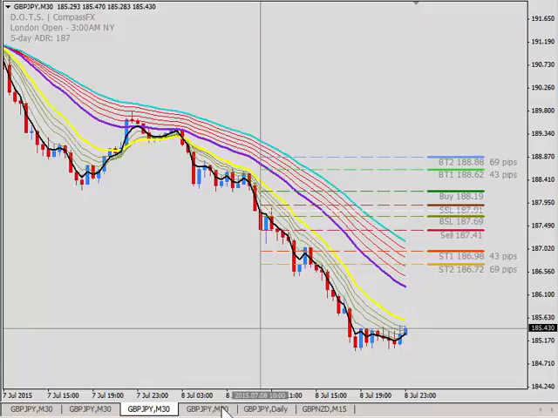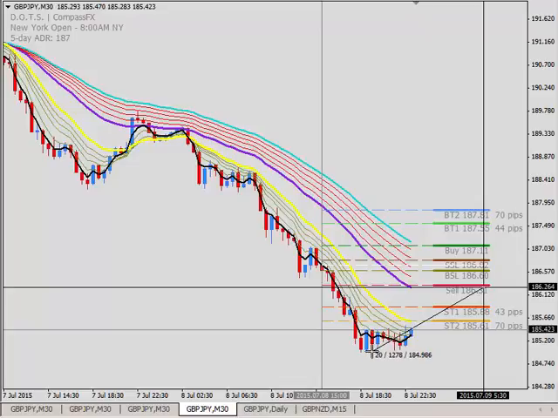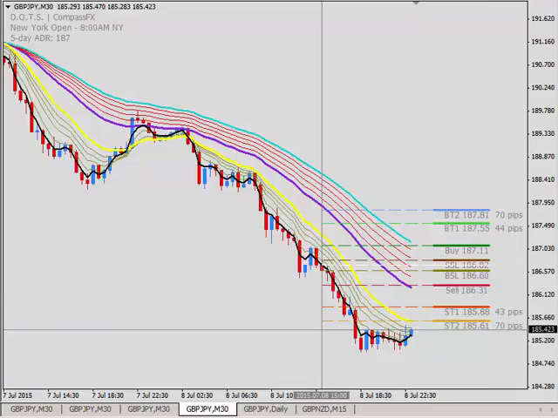Moving to the New York session, we can see that the market again pushed down lower. As a matter of fact, it pushed well below the sell target number 2, basically making an additional move this distance here. So from the sell entry down, we had a move of about an additional 120 pips to the downside.